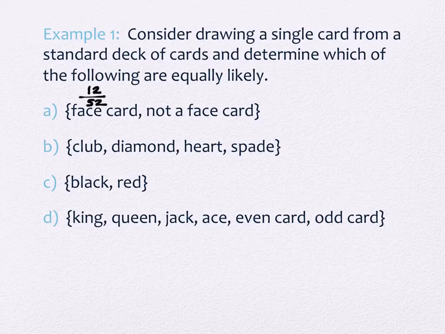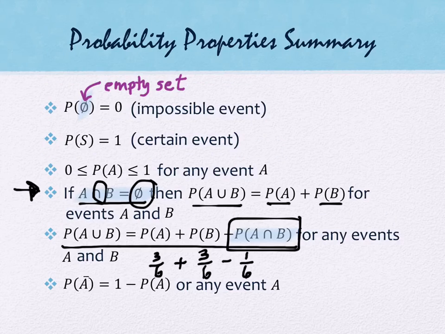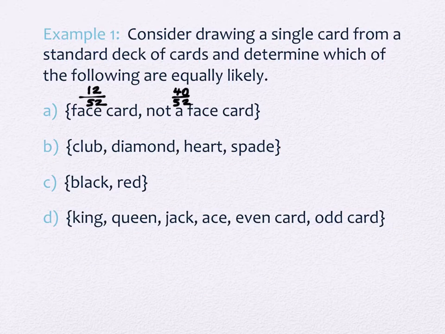All right, not a face card. How many is that? 40. What's the quickest way to find that? Yeah, 52 minus the 12. And in fact, when you did 52 minus 12, do you know what property you used? The complement. You used this property down here. When you subtracted 52 minus 12, you used that property. Okay? Good deal. So is it equally likely to draw a face card versus not a face card? No. These are not equally likely.